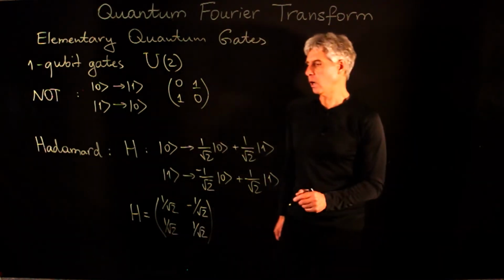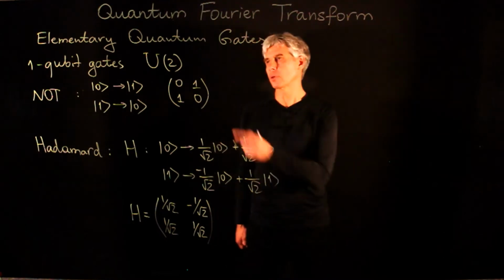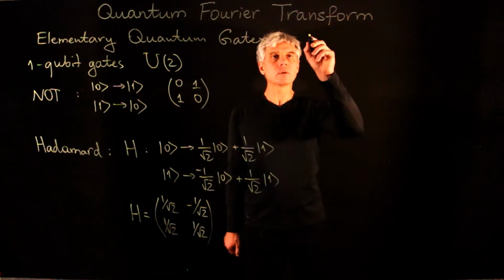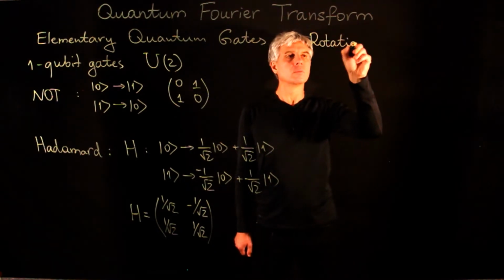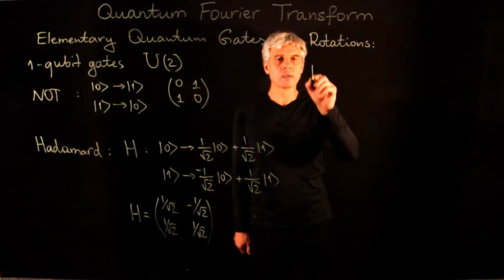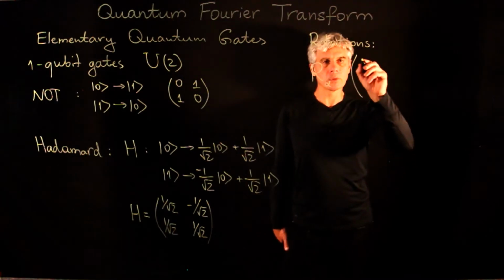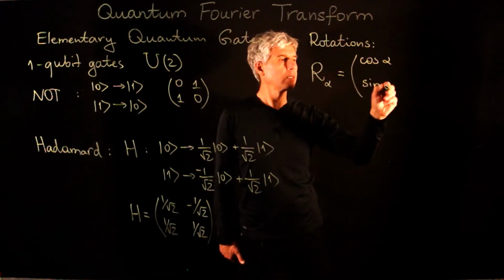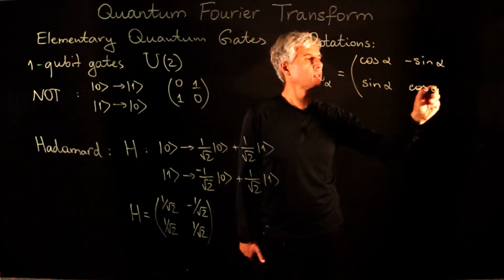Now, what are other gates that we can create? Recall that this transformation should be unitary. Well, we can consider rotation gates. Here we can take the rotation matrix R alpha: cos alpha, sine alpha, minus sine alpha, and cos alpha.